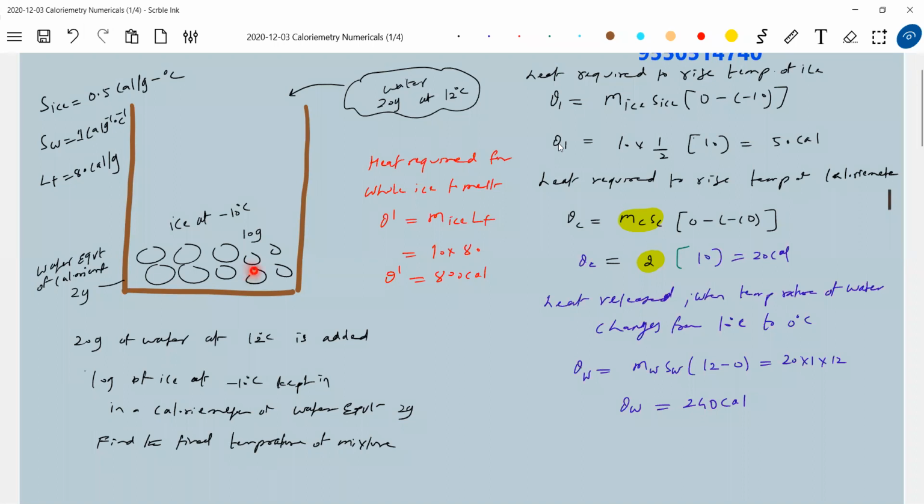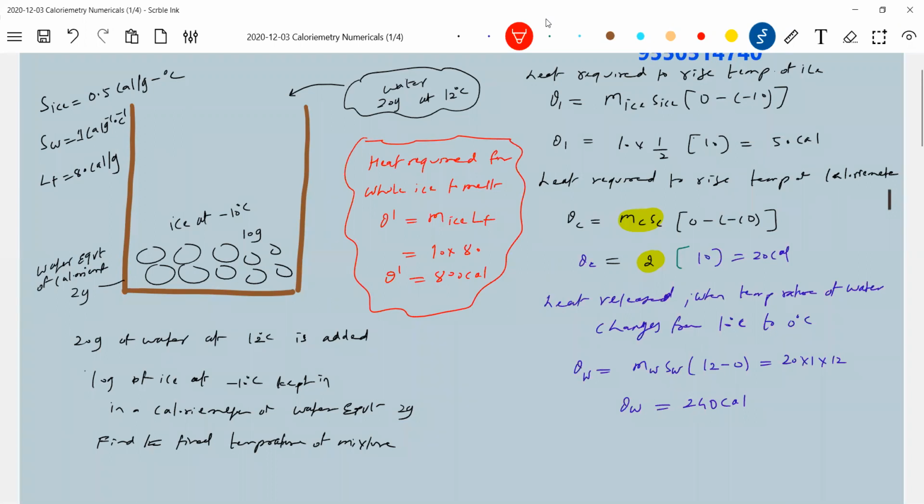Agree with this? So, sir, how do I come to know? This is what you should verify here. So this QW is what? Less than Q dash.